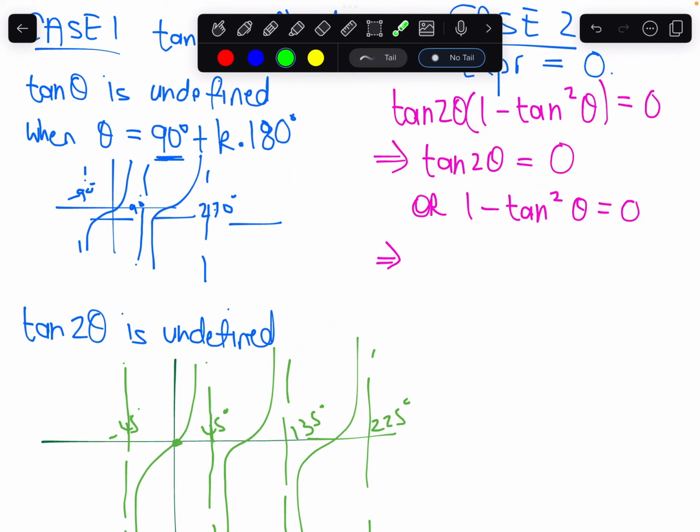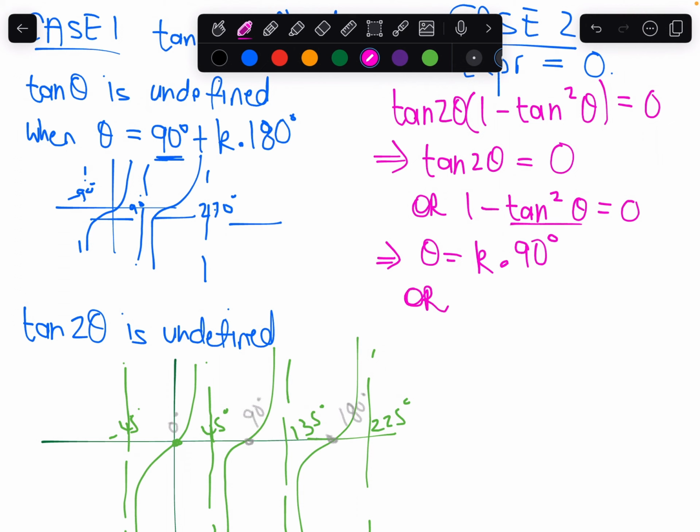That's where tan 2 theta is equal to 0. So where are these x-intercepts? The first one is at 0. Well, not first. Obviously, this thing goes on infinitely in both directions. Next one is 90. Next one is 180. So it's the multiples of 90. So either theta is k times 90, or we need tan squared theta to be equal to 1.